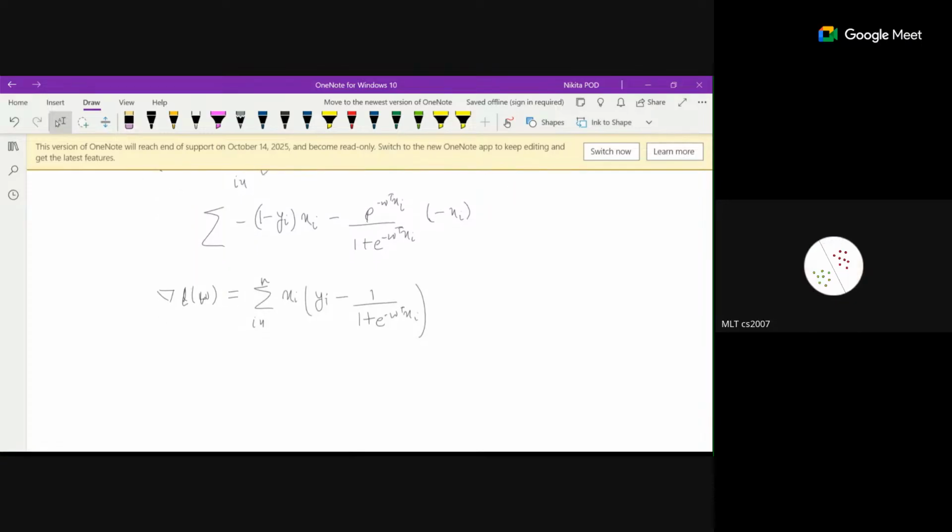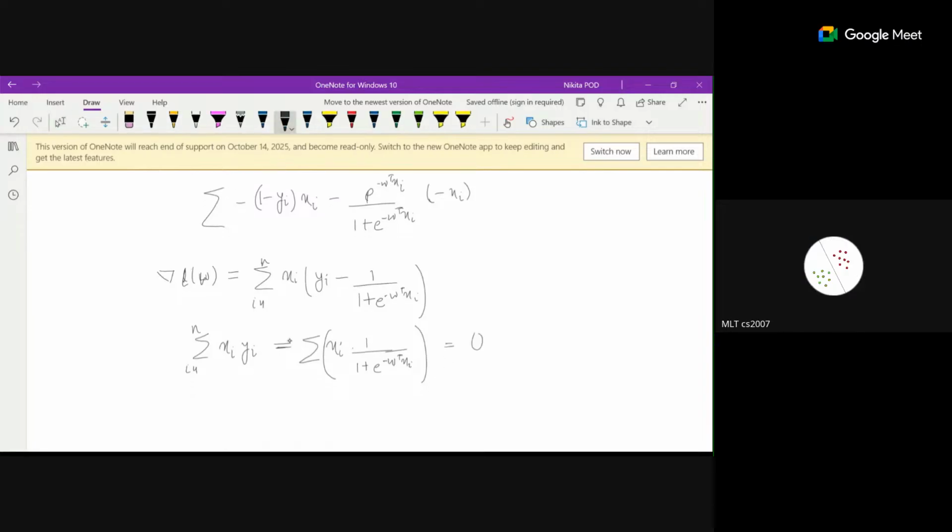You have to find your gradient first, and find W star. So you have the summation of xi yi, i equals 1 to n, minus the summation of xi times 1 by 1 plus e to the power minus w transpose xi. Now you substitute this to 0. It becomes 0.